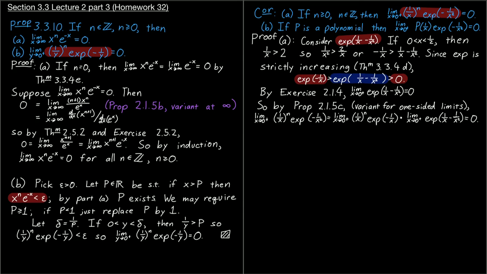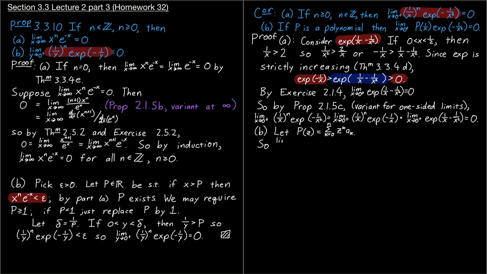And then for part B, we're going to let our polynomial p, let's call the variable z. You can always write a polynomial as a sum from k equals 0 to n, z to the k, times some coefficients a sub k.